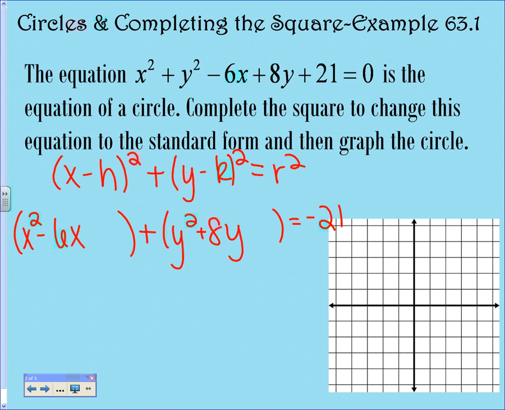So if we completed the square, what number would go here? Remember, you half the 6 and square it to get 9. So if we add 9 to the left side, what do we need to do on the right side? Add 9. Okay, what number would go here? Half of 8 is 4, squared is 16. So we also have to add it to the right side.